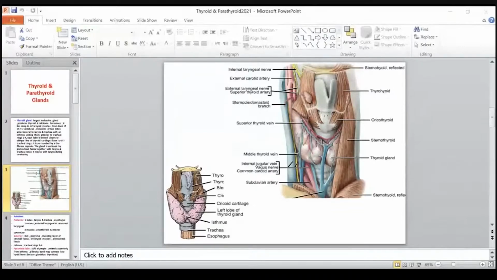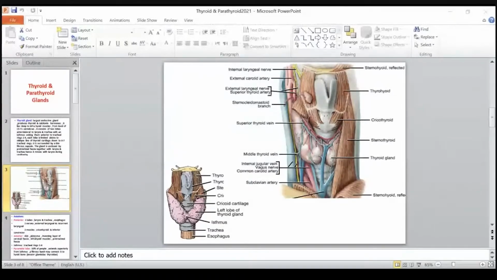Anteriorly, the skin, platysma with the superficial fascia, and then investing layer of deep cervical fascia with the two layers of infrahyoid muscles, sternohyoid and sternothyroid, and pretracheal fascia. The isthmus has the same anterior relations, but posteriorly the second, third, and fourth tracheal rings.